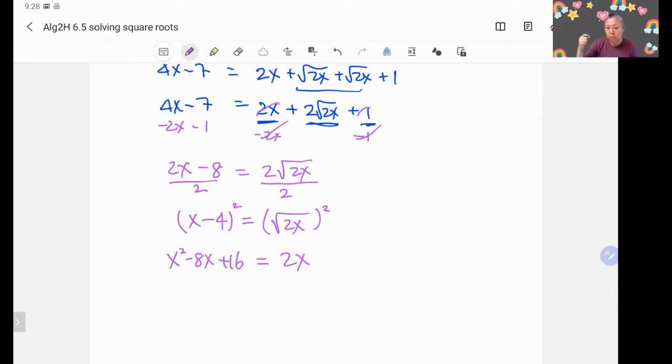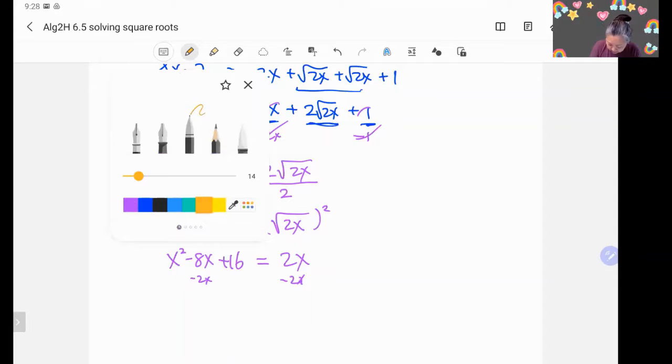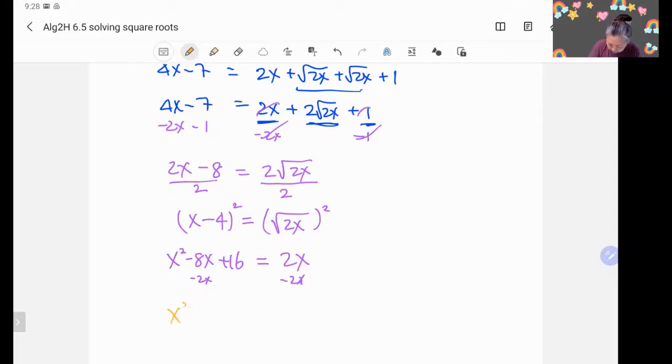If you want to double check, you can rewrite it twice and then FOIL, but it's still going to be the same, right? Now I can transpose 2x from the right hand side, minus 2x here. x squared minus 10x plus 16 is 0.